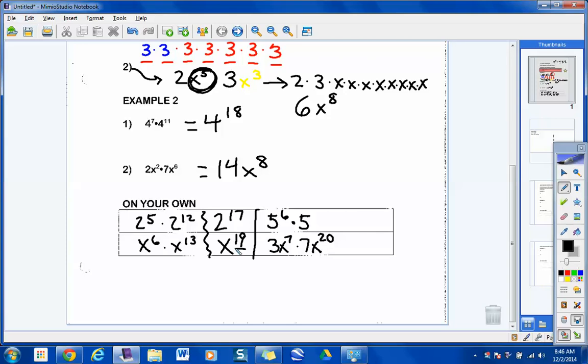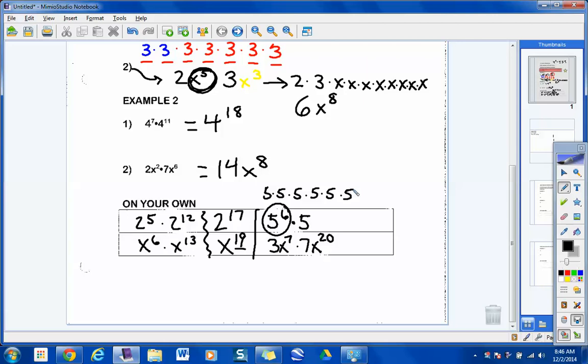Okay, here's the deal. Let's go back to this idea of repeated multiplication up here. This part right here, this 5 to the 6th, this would really be how many 5s? There would be 6 of them total, right? So isn't this part really going to be 5 times 5 times 5, and so on? Do I have all 6 5s listed right there? So I'm good there, right?